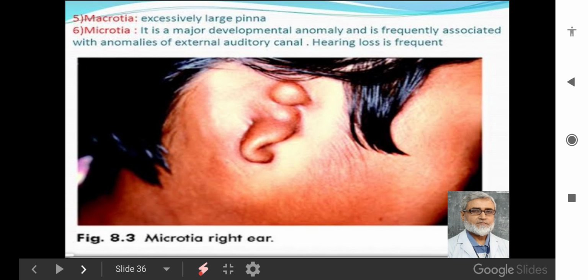So, just summarizing, remember the parts of your external ear: pinna, external auditory meatus, tympanic membrane, cartilaginous part, bony part, total length, and the use of non-cartilaginous and cartilaginous parts of the ear in reconstructive surgery.